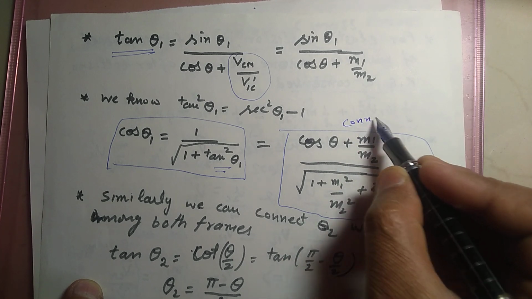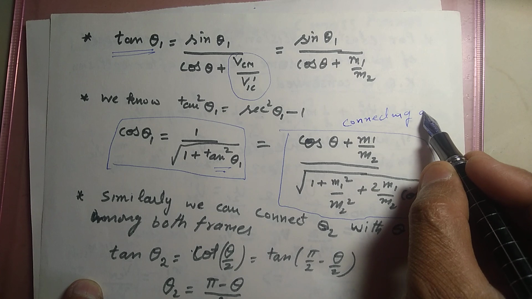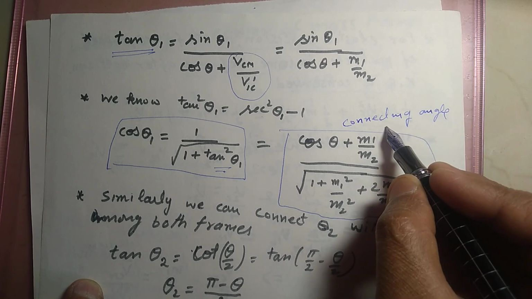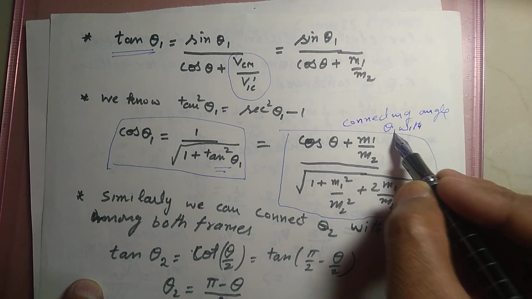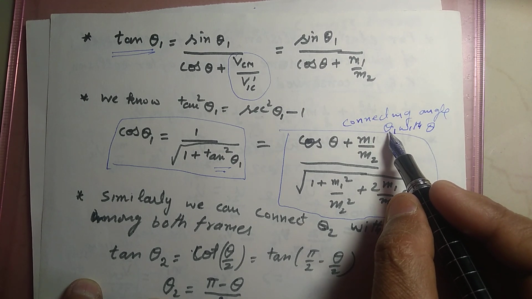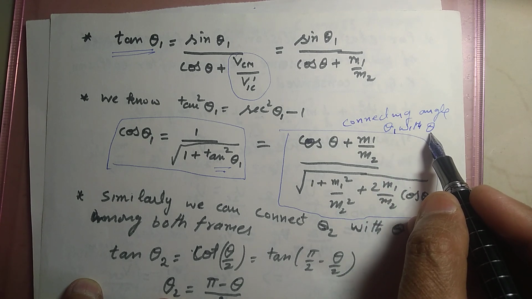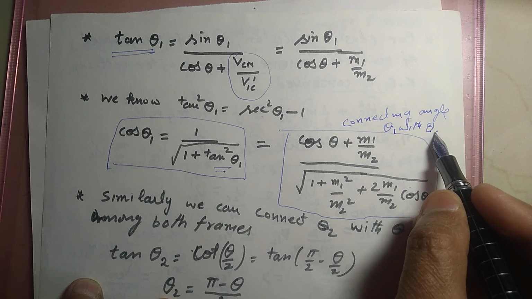You can say this is the connecting relation between theta 1 and theta. Theta 1 is the scattering angle in the lab frame, and theta is the scattering angle in the center of mass frame.